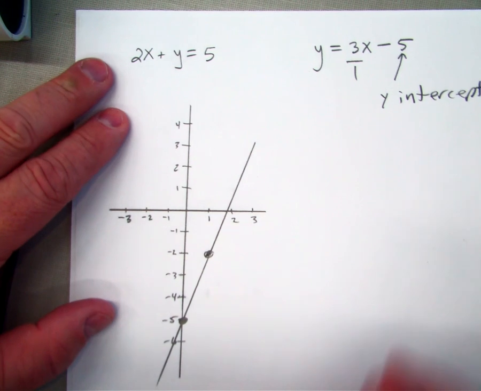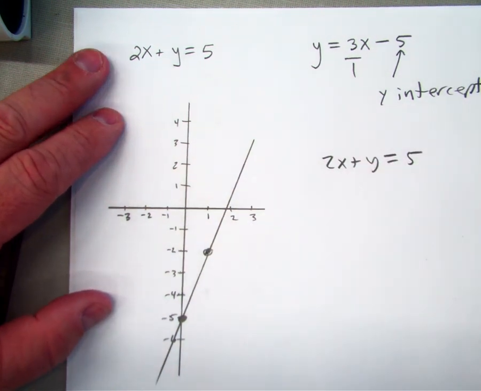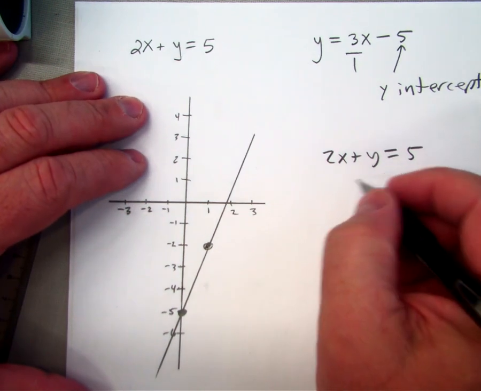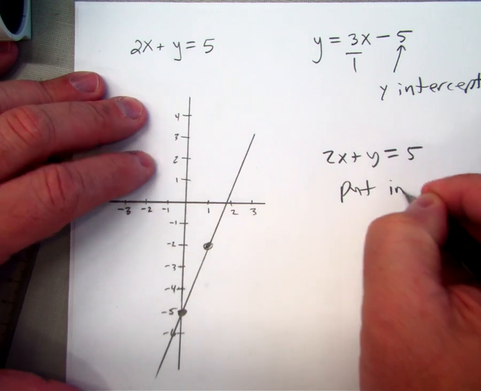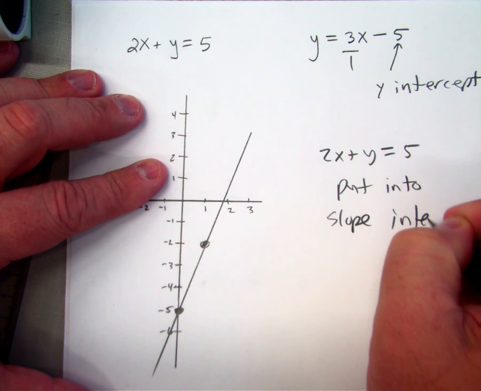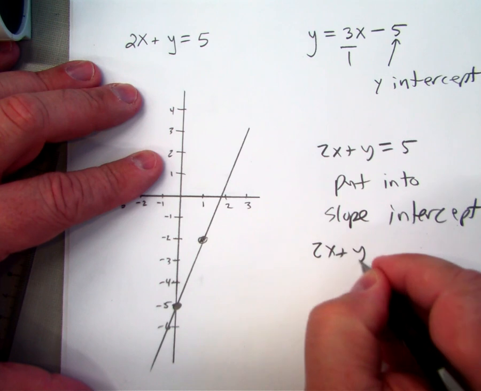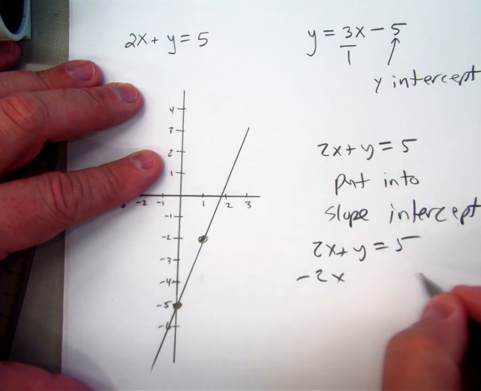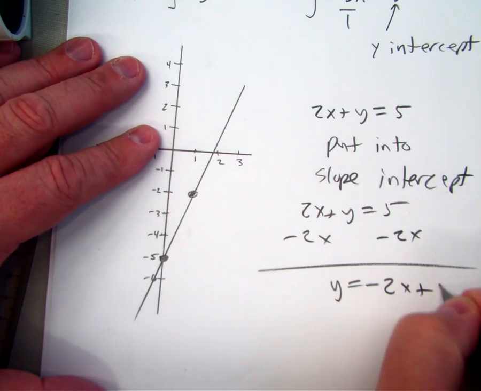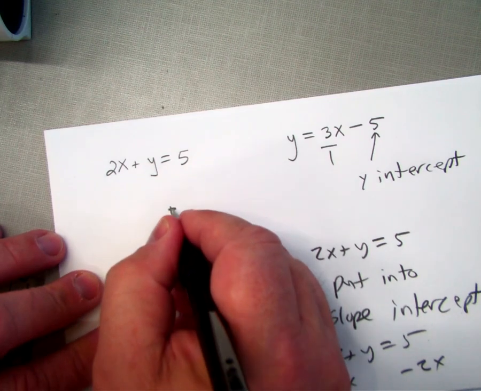The other one, a little bit harder. It's 2x plus y equals 5. I can get this into slope-intercept form. So 2x plus y equals 5, I can subtract the 2x from both sides, and then get y equals negative 2x plus 5.